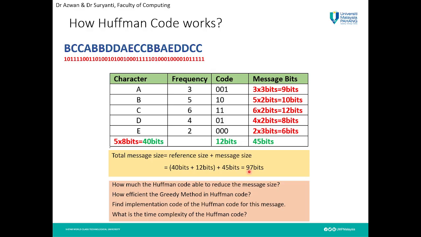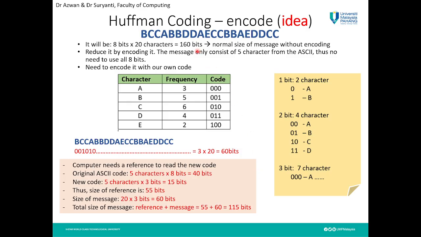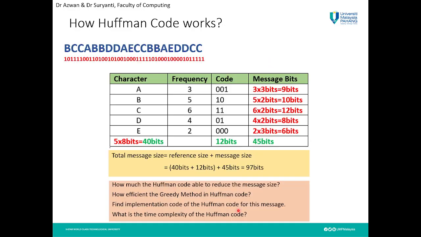So now when using Huffman code, we can transfer this message in a file with only 97 bits instead of, without Huffman code and without encoding, 160 bits. If we use our own encoding, we need 115 bits. However, by using Huffman code, we only need 97 bits.